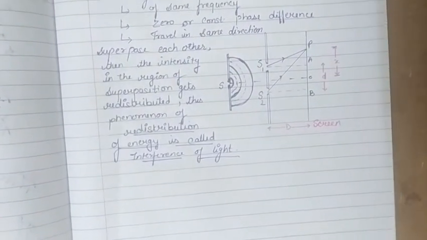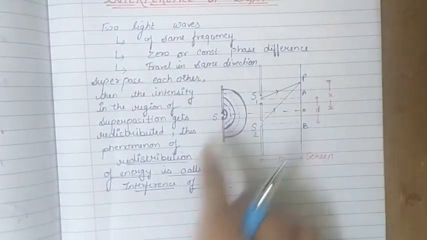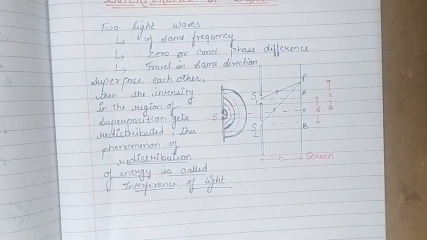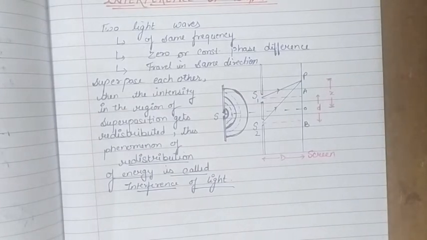The necessary conditions are that the waves should be of the same frequency, they should travel in the same direction, and the phase difference between them is either constant or zero. So this phenomenon is called interference of light.